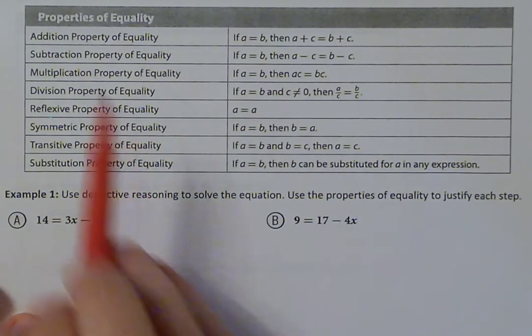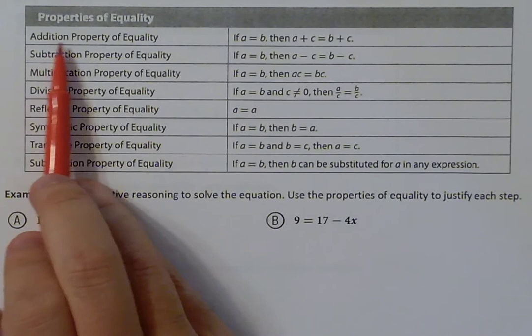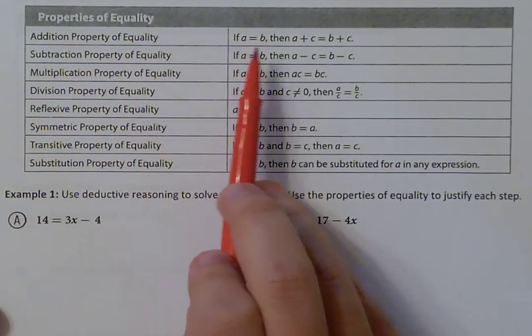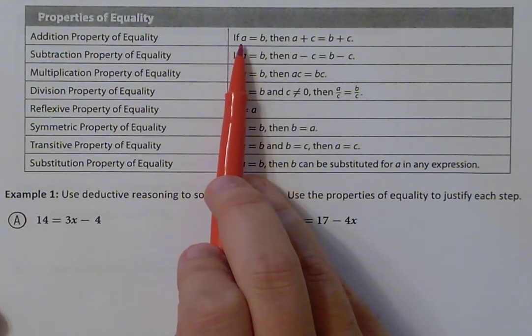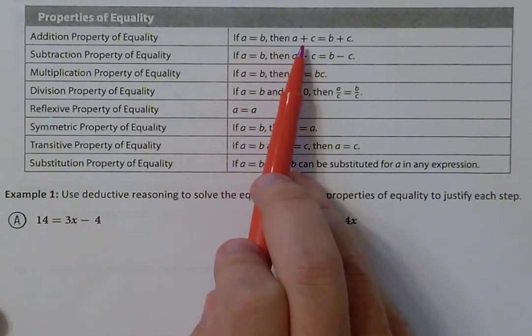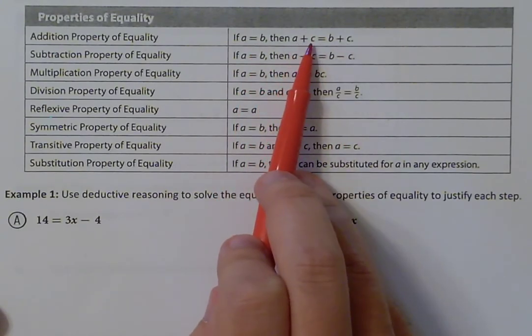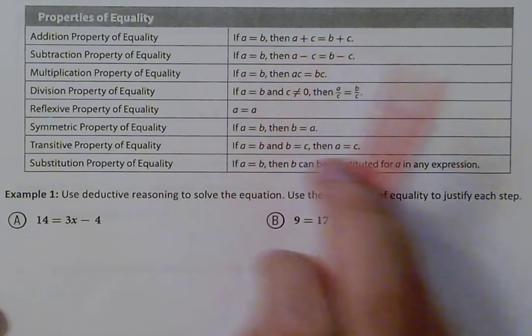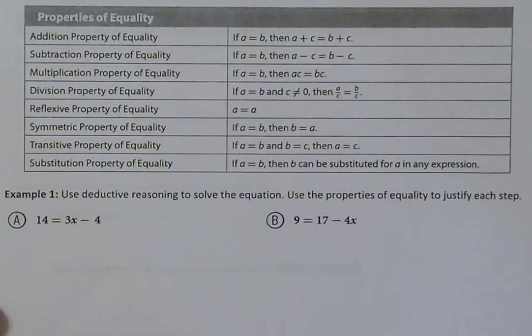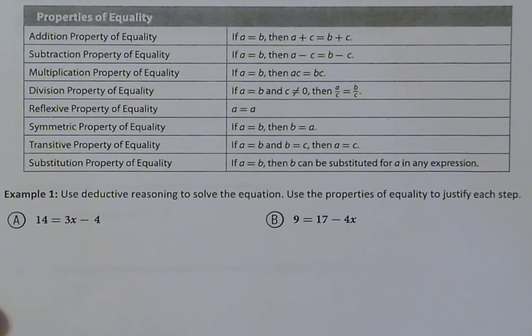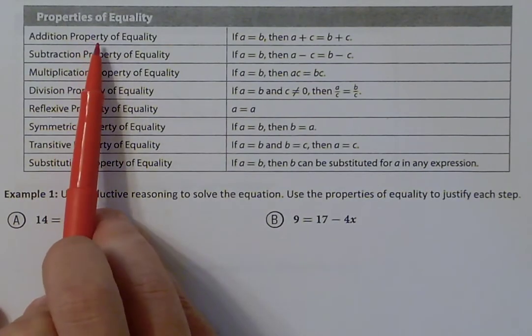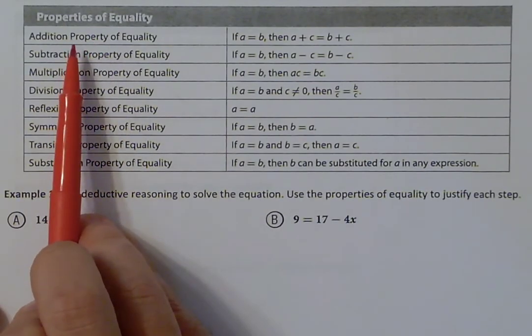So, our first property of equality is the addition property of equality. And what that states is that if I have A equals B, then if I add C to both sides, A plus C equals B plus C. All that this property is stating is that I can add the same thing to both sides, and it's still a true statement. So addition property of equality, I can add a number to both sides.